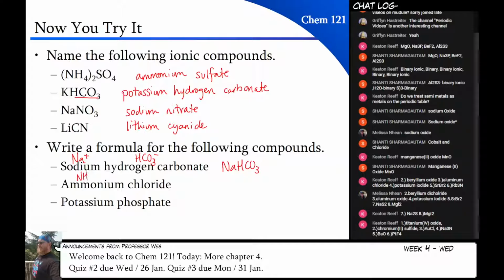We've got ammonium chloride. Same thing, same charges. I could just put them together. And then potassium and then phosphate look like this. Need more potassiums here. K3PO4. There you go.